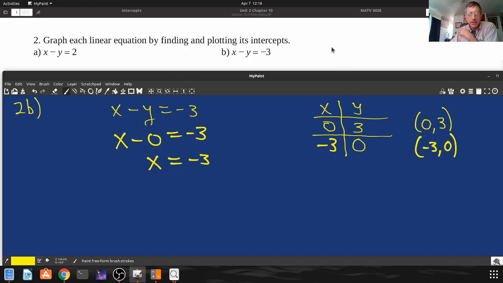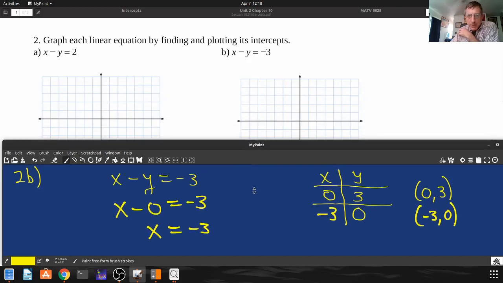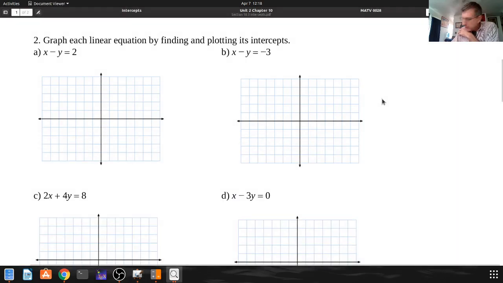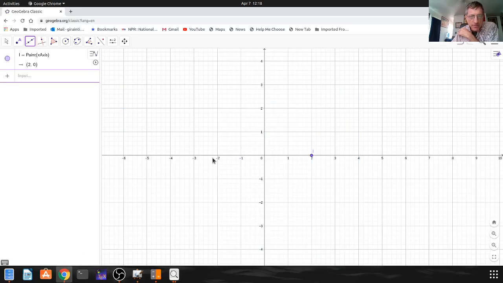So let's plot those. Again, on your paper here, you're going to do the y-intercept first. So you go up and down the y-axis. There's 1, 2, and 3, and you'll put a dot right there. And for the x-intercept, it's minus 3, 0. So you go across, there's minus 1, minus 2, minus 3, and you'll put a dot right there, and you'll draw a line between both of them.